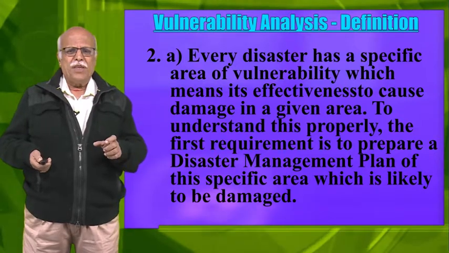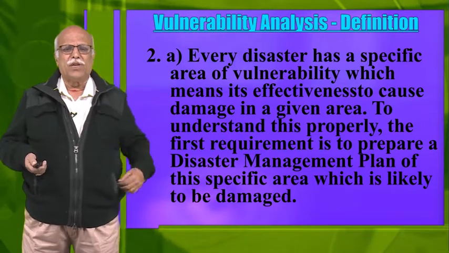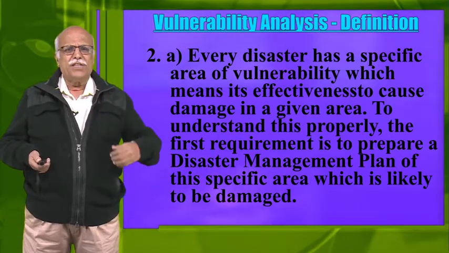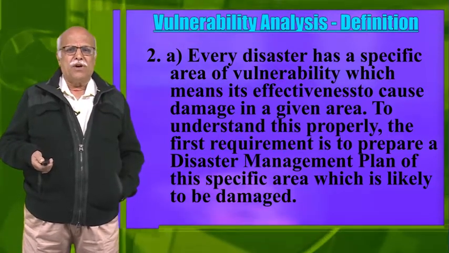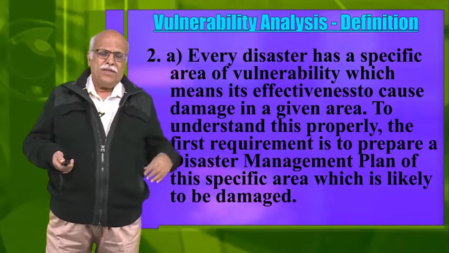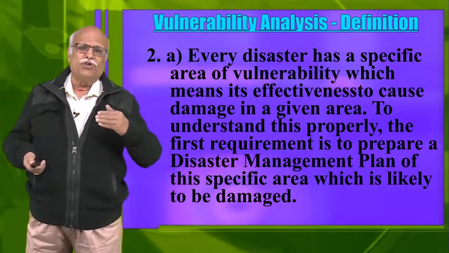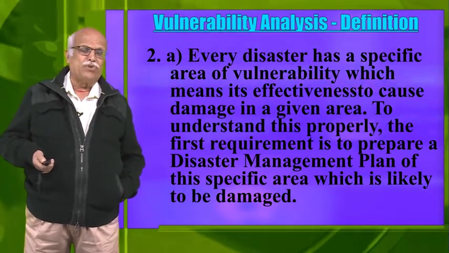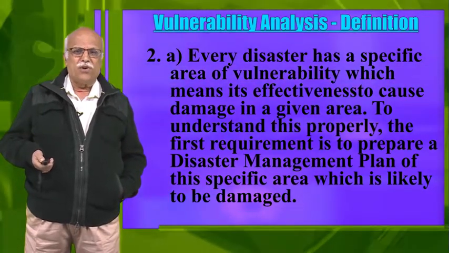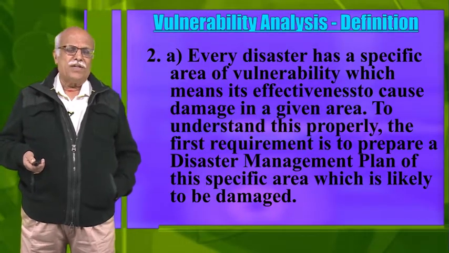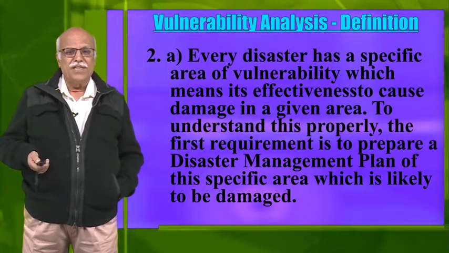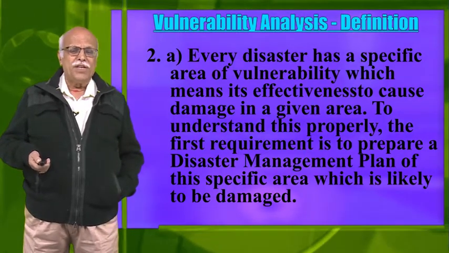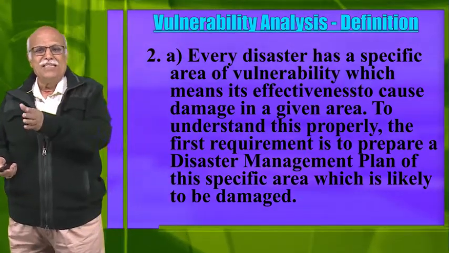Let us say in a given area A, which I will be talking about when I come to templates, if there is an LPG godown or an LPG storing place, the area A will get extended to B or C not only because of the damage that has taken place due to the earthquake or the cyclone or the flood, but you may also have secondary damages taking place because of this LPG. In other words, that can increase the distance.